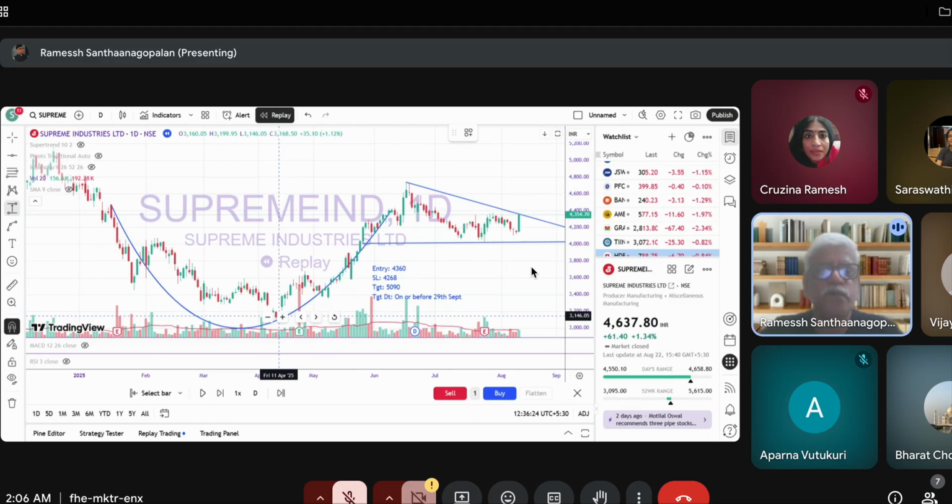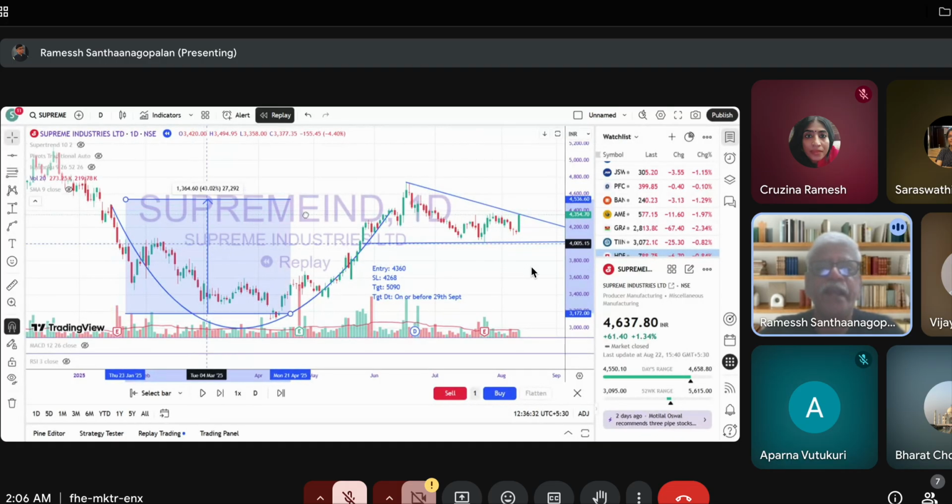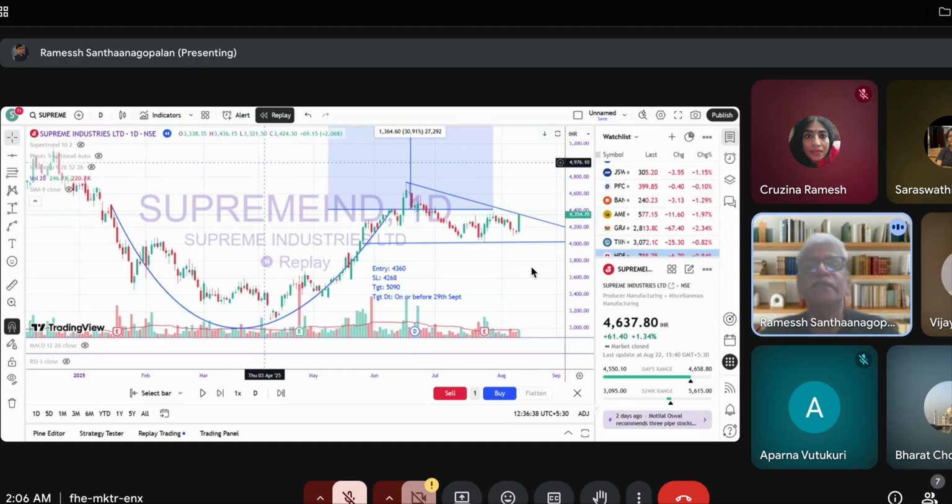This is the low and this is the high. So when it breaks out, the stock will go up to this level. 30%, 31% is possible if it breaks out above this.